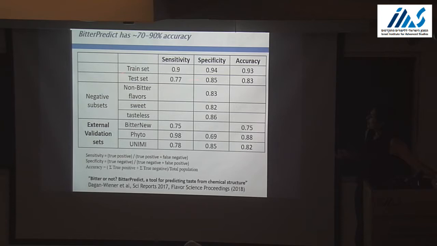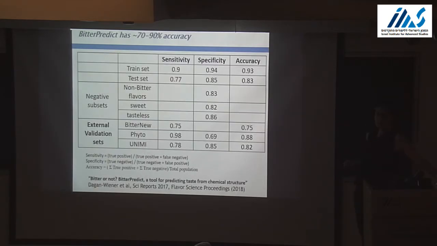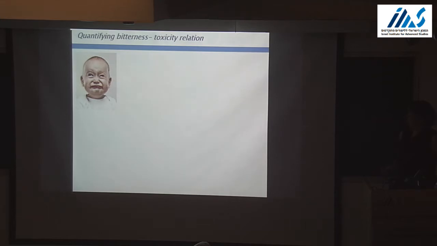And these are the data on the training set, excellent, but on the test set it's also very good. And then on external validation, which is important because we don't want to overfit, it is also doing well. Then we did additional testing, really prospective prediction. Anyway, we can say that it's about 90% accuracy in the bitter prediction.